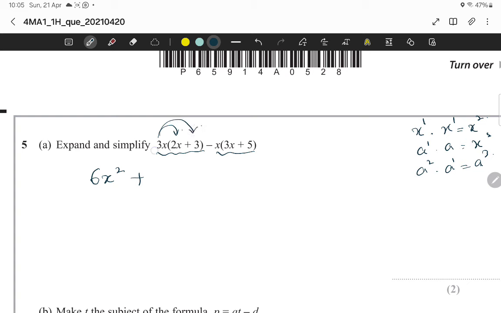So 3 times 3 is 9, and x times 1, because if we don't have any variable, we assume it is 1, which is not written. So x times 1 is x.